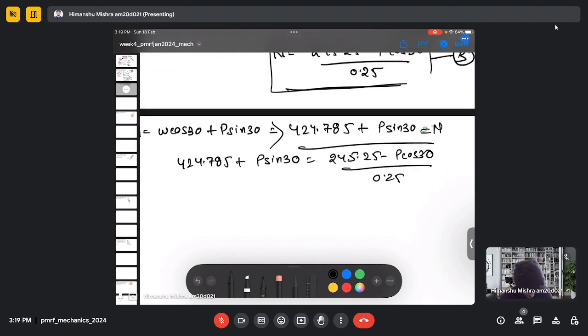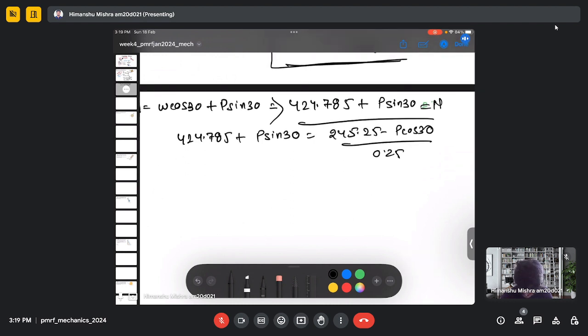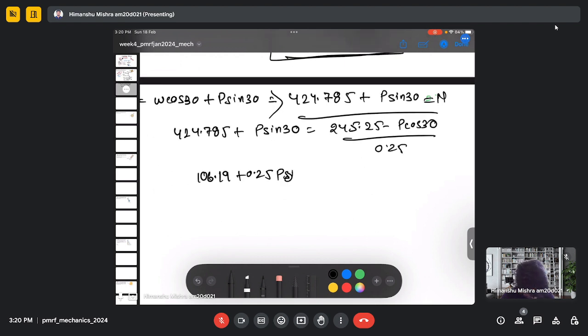So when we multiply 0.25 on the left hand side, we will get 106.19 plus 0.25 P. So the sin theta I can write as 1 by 2, equal to 245.25 minus 0.866 P. And here I can write 0.125.